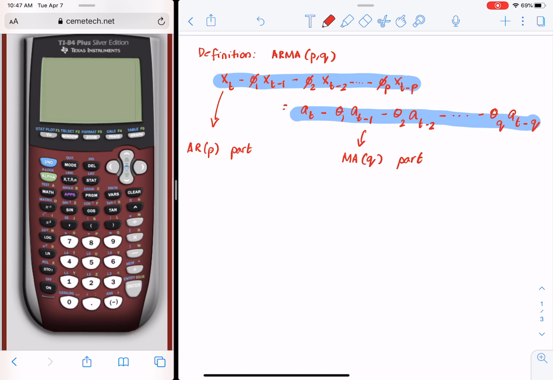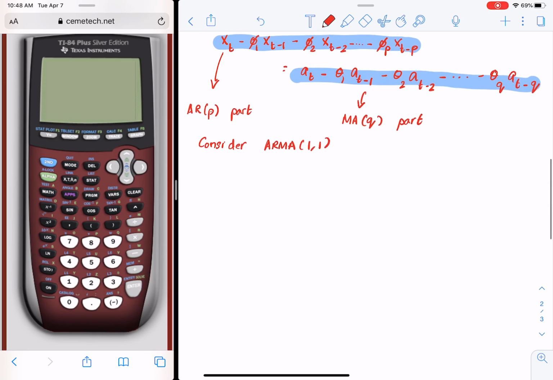So, as an example, suppose we consider an ARMA(1,1) model. That would mean we have an AR(1) model and an MA(1) model mixed together.